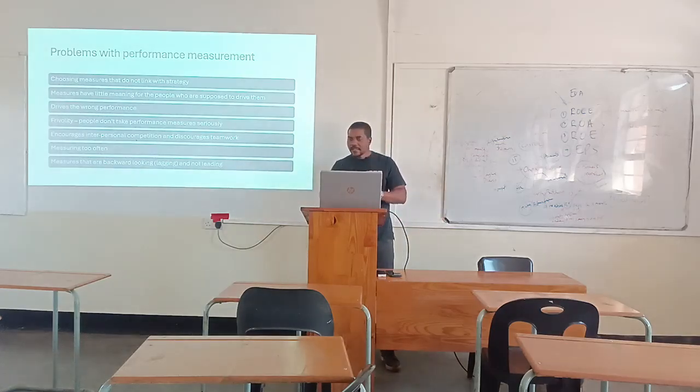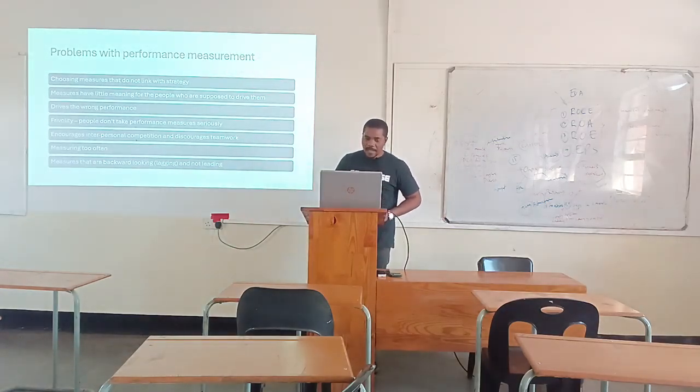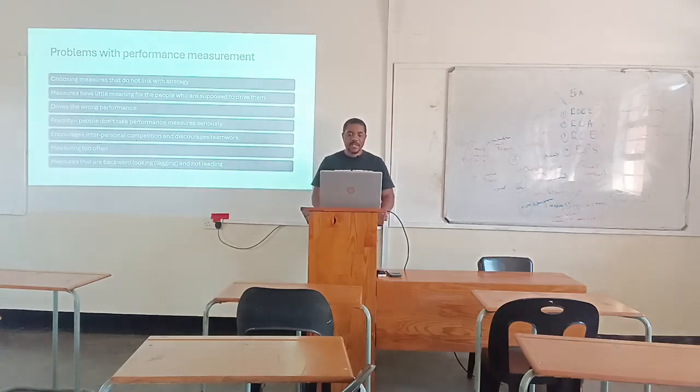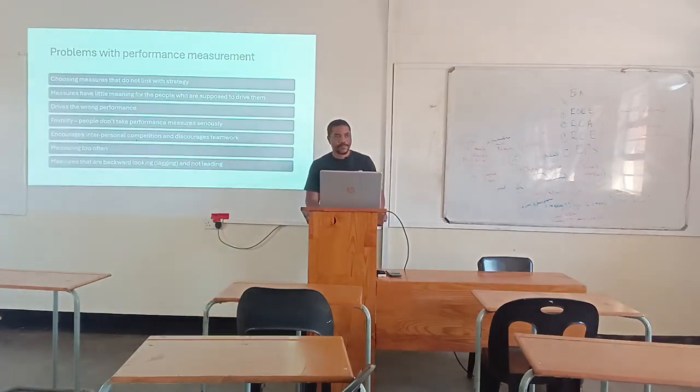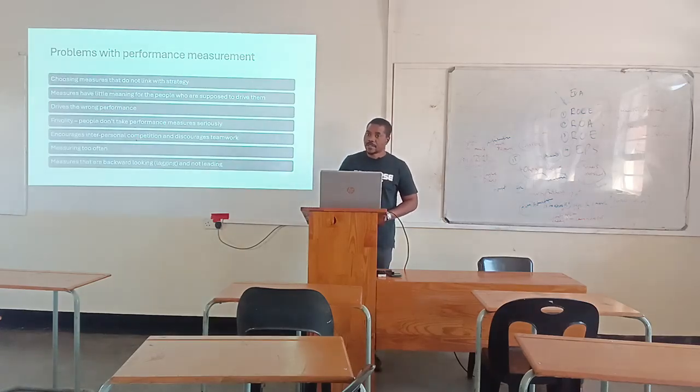So choosing measures that do not link with the strategy is a problem. Another is measures that have little meaning for the people who are supposed to drive them. When you take measures that have little meaning to the people that are supposed to drive them, you should know that there will be a problem.